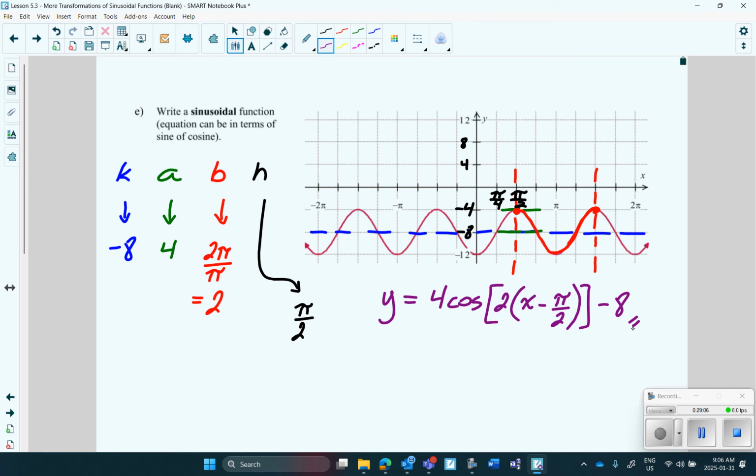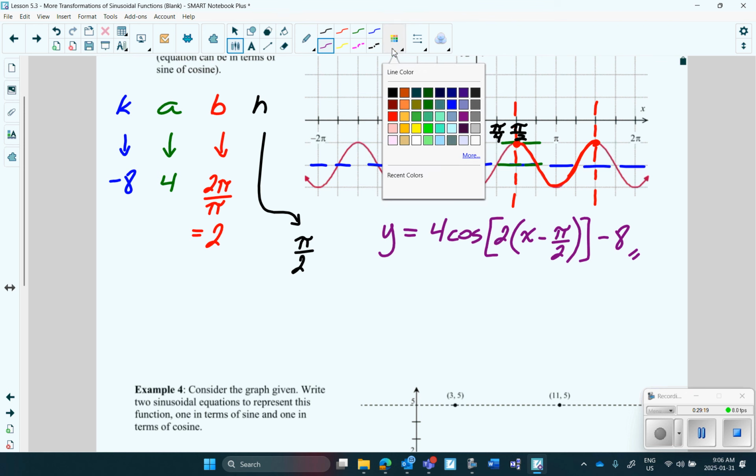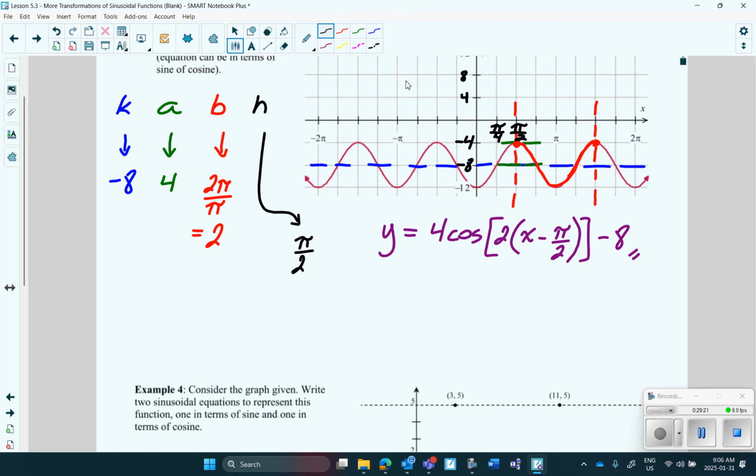Some other possibilities. Notice, I need different colors. Let's try this. Where's my colors?